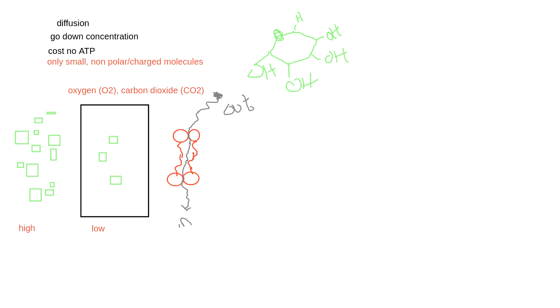So if this thing wanted to slip through, there is no way that thing is going to fit, right? It's too big, it's too polar. There's no way this thing is going to be able to fit through these tiny holes. So it's going to need a different process.